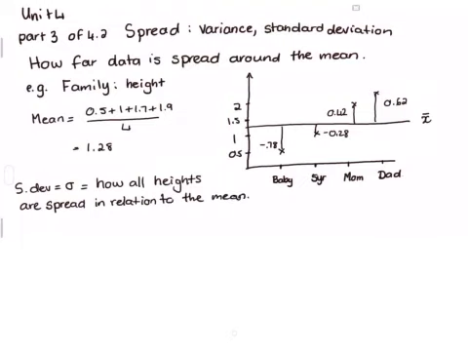And variance, as I told you, is pretty similar because variance is just your sigma squared. It's your standard deviation squared.